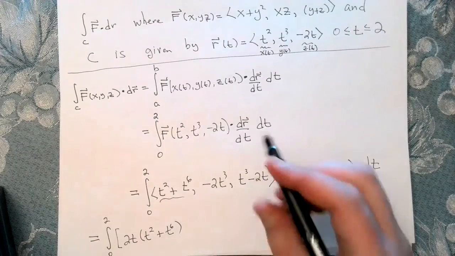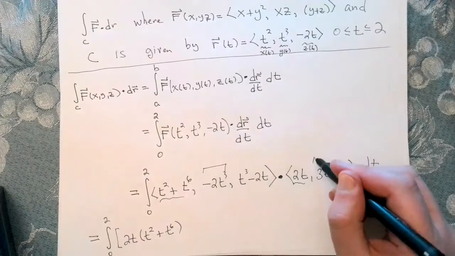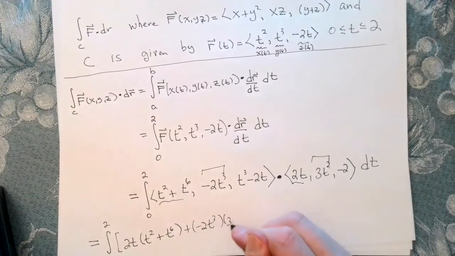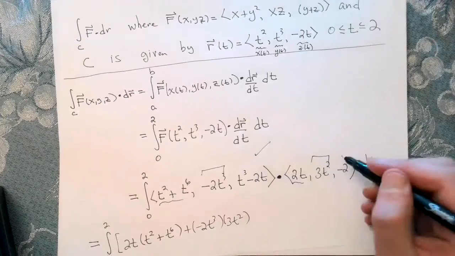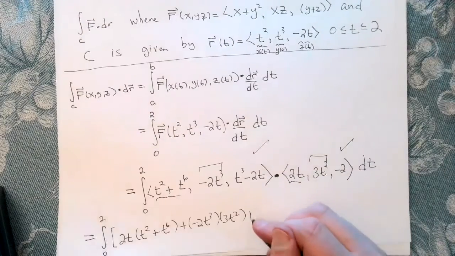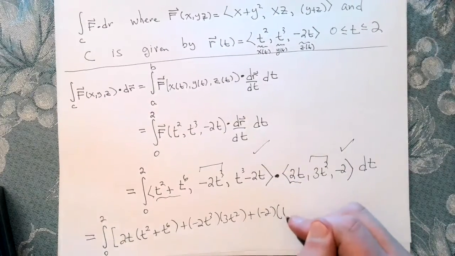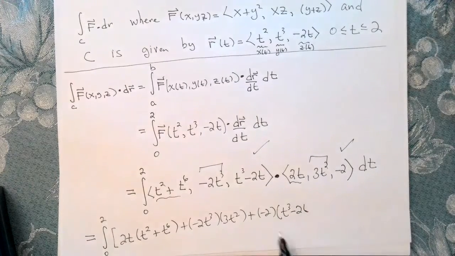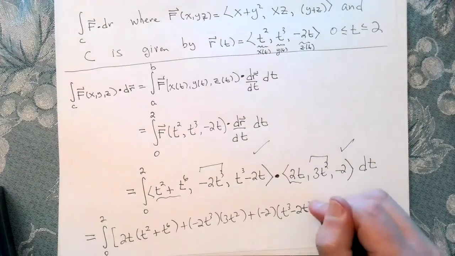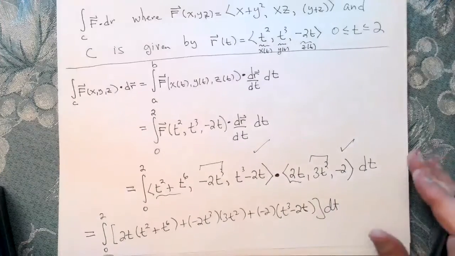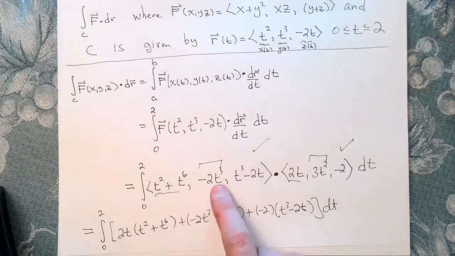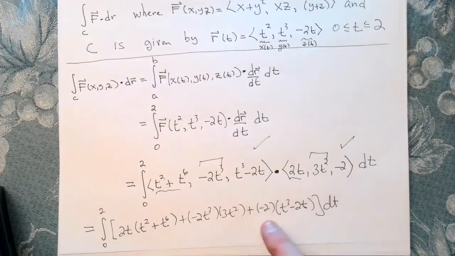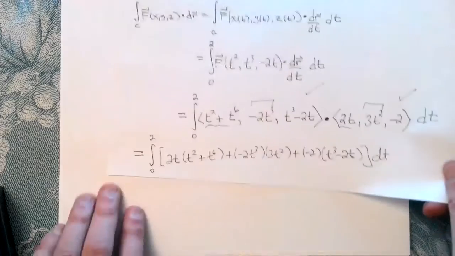And now we want this times this, so that's minus 2t cubed times 3t squared. And then this times this, so that'll be plus minus 2 times the quantity t cubed minus 2t, and all of that is dt. Of course, we're going to double check. This times this is here, this times this is here, and this times this is exactly here. Okay, that seems fine. So we've computed the dot product.